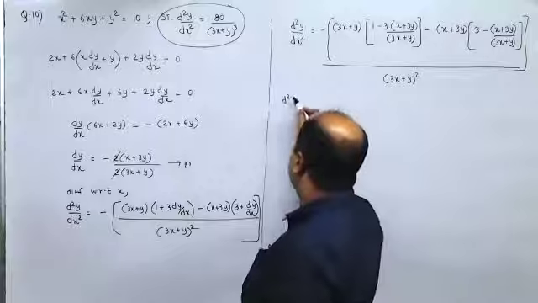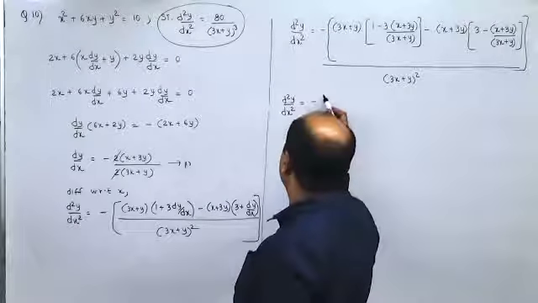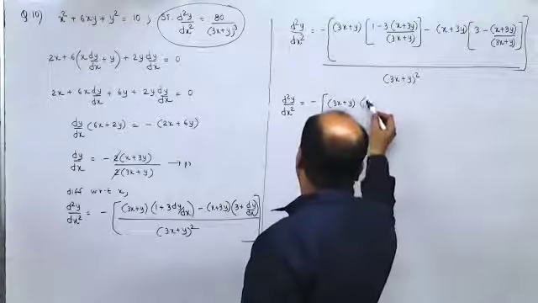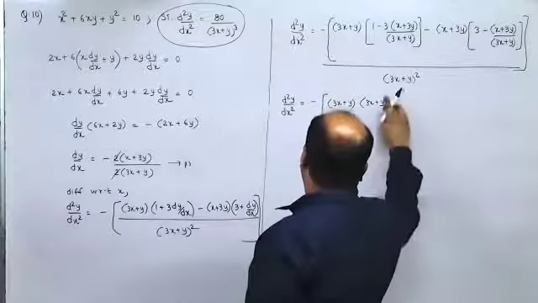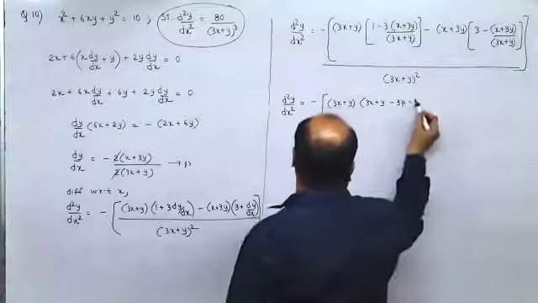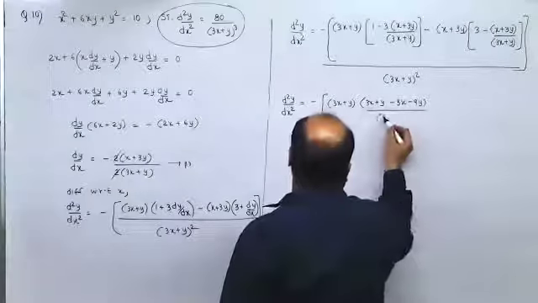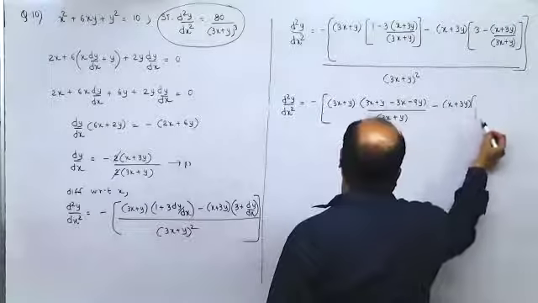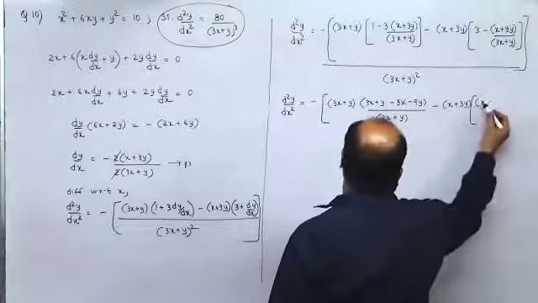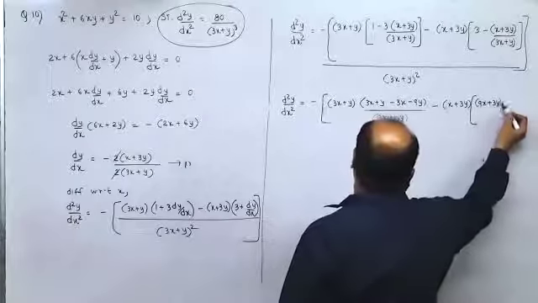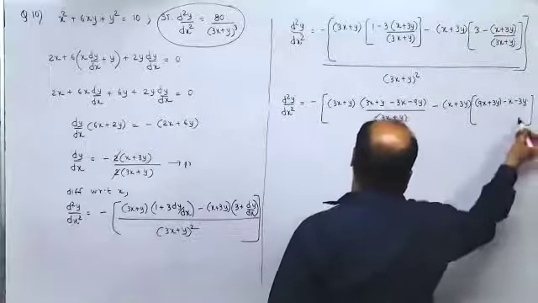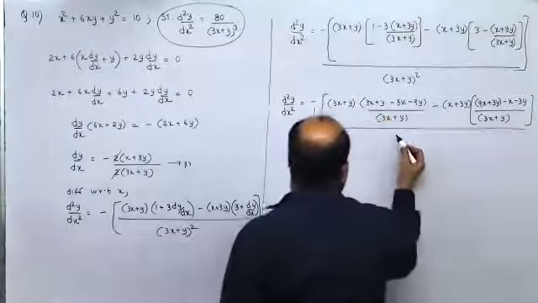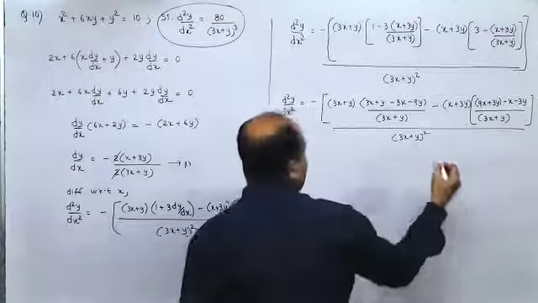Now d square y by dx square equal to minus of, this is (3x plus y) into (3x plus y minus 3x minus 9y) divided by (3x plus y), minus (x plus 3y) into, when I multiply it, I'll get 9x plus 3y minus x minus 3y divided by (3x plus y), upon (3x plus y) the whole square.